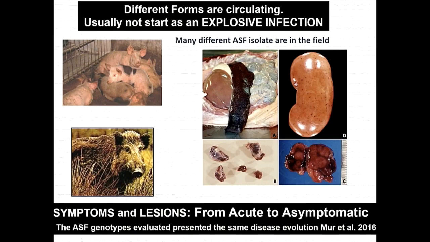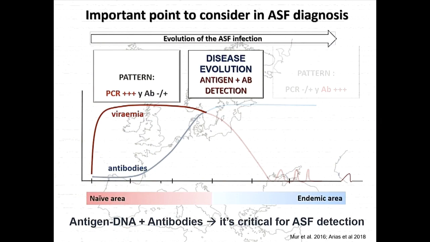Now, the other point is that we can have a very acute form. Normally, in a naive area, ASF is going to start with a very aggressive presence. That means clear lesions. I would like to show you what lesions you have to look for, but clearly I don't have time to do it. So I want to tell you, related to that, we have an important situation when you are in a naive area.